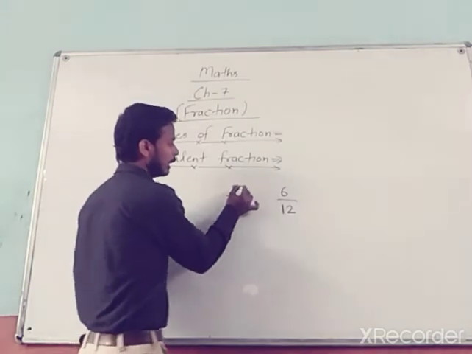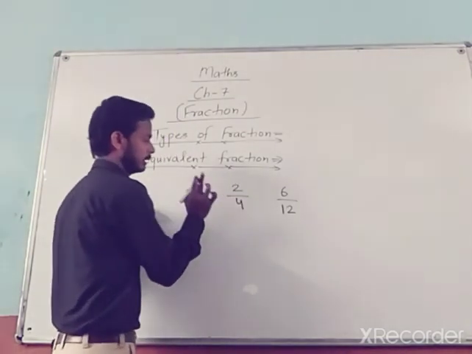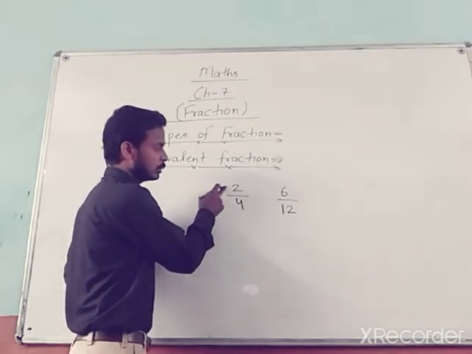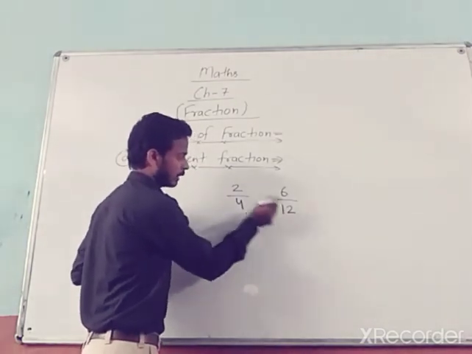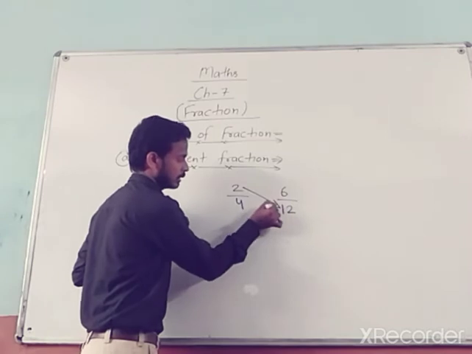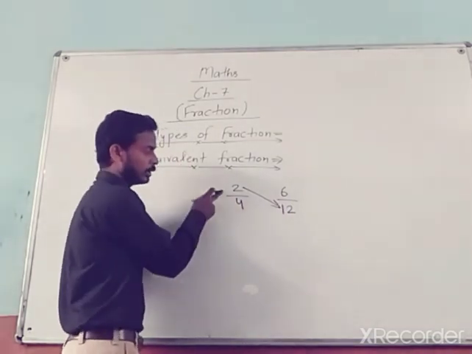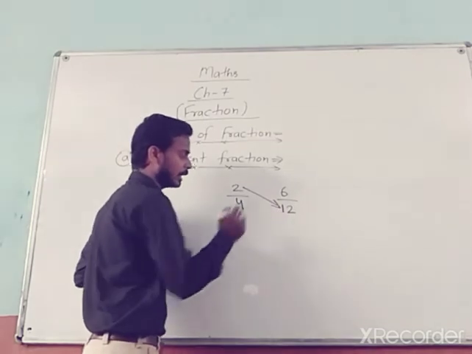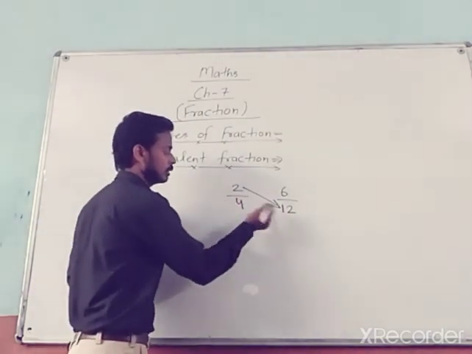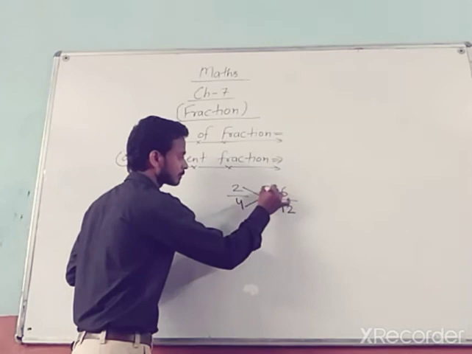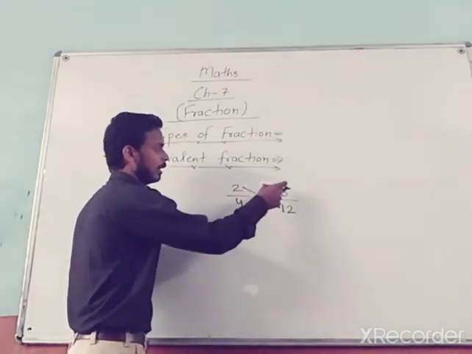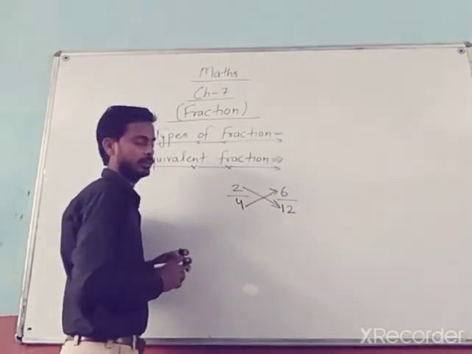For this, we multiply the numerator of first fraction by the denominator of second fraction, and it should be equal to the denominator of first multiplied by numerator of second.